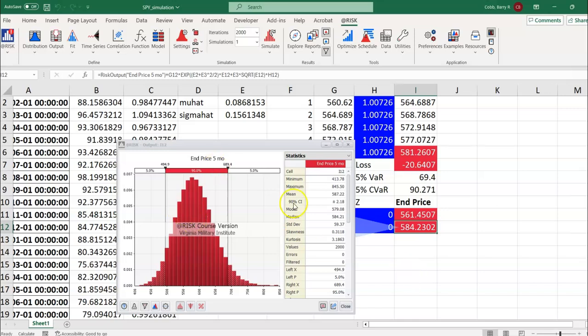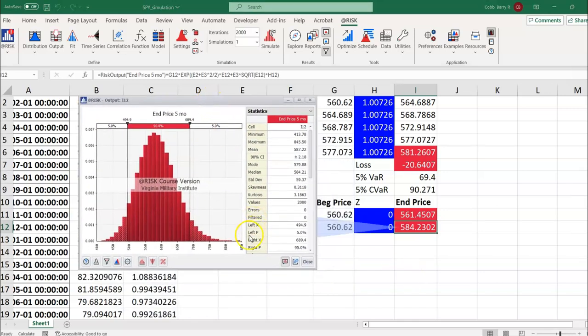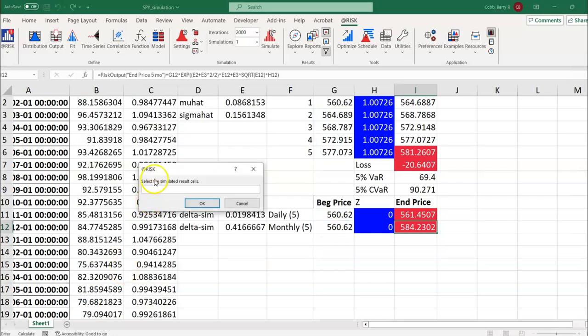Now, what we'll learn here, which can be useful for a lot of reasons, is an overlay chart. So let's click right here. This says overlays. And we'll add an overlay. And it says select the simulated cells. So I'm going to click on 3 of these cells.